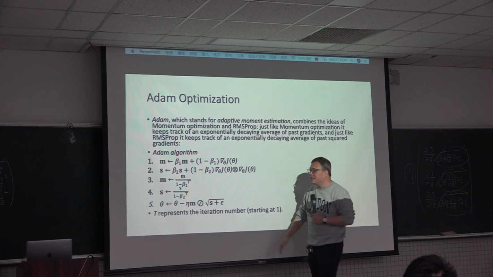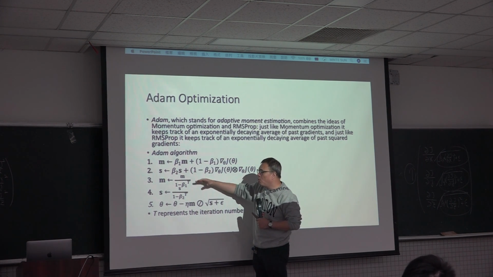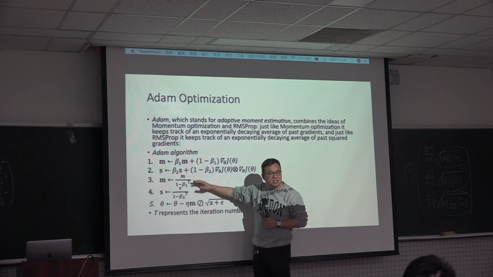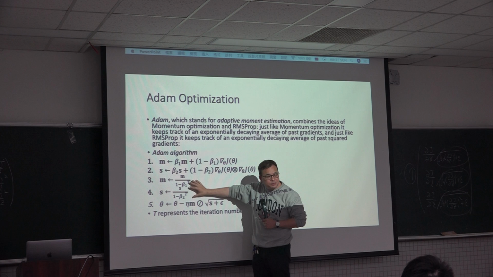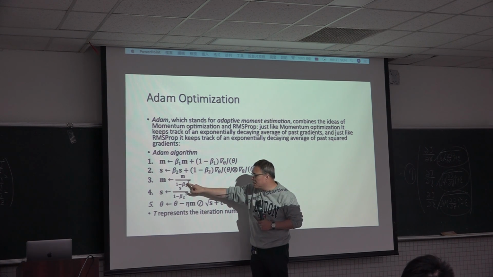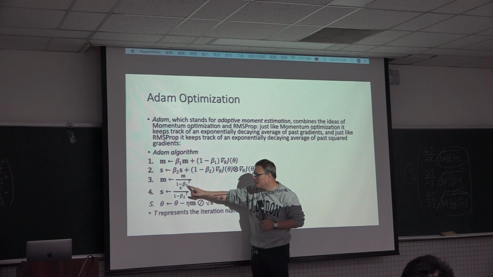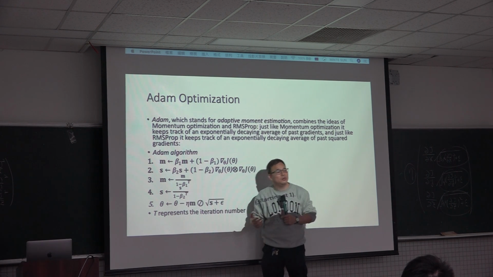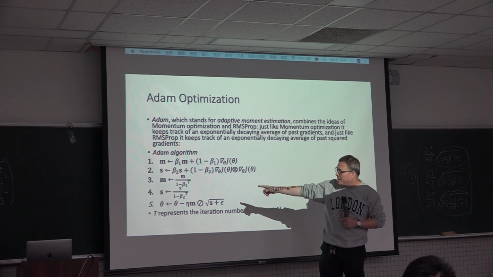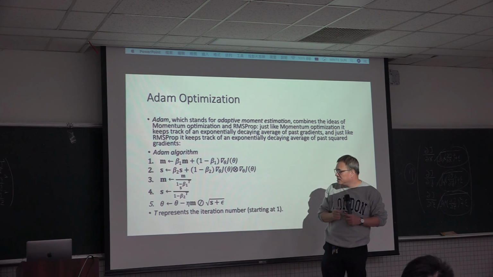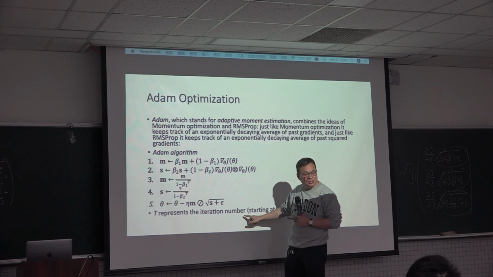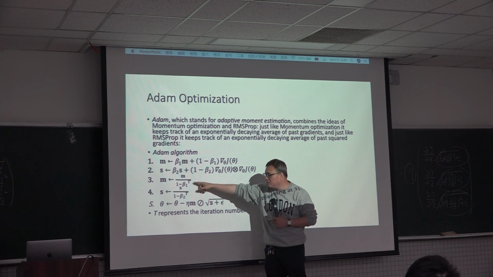Of course, line 3 and line 4, what are they? I will explain later. Here, this T is the exponent for beta 1 and beta 2, and T stands for the iteration number. I will get to this point later.